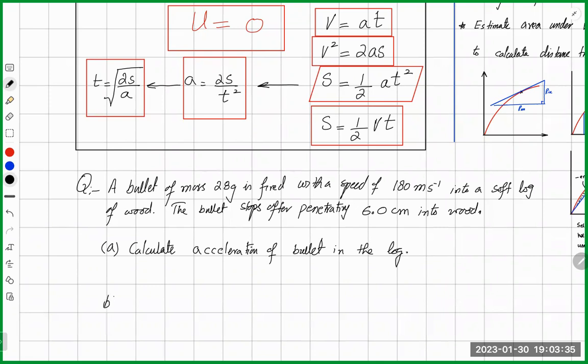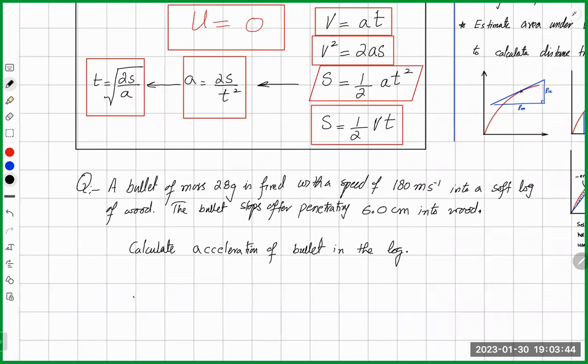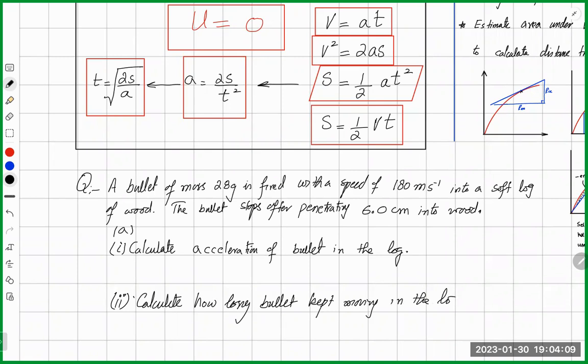Actually, no, it is A1 and A2. A2 is: calculate how long the bullet kept moving in the log. Like, what was the time for which the bullet was traveling?